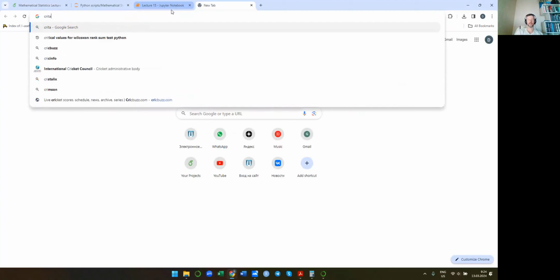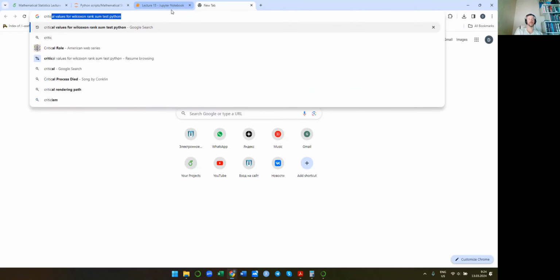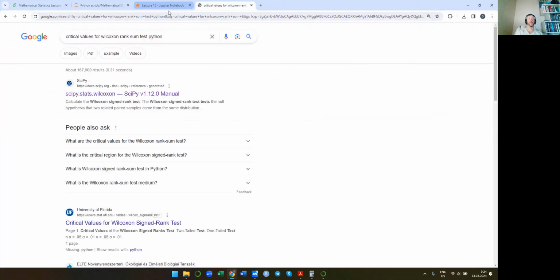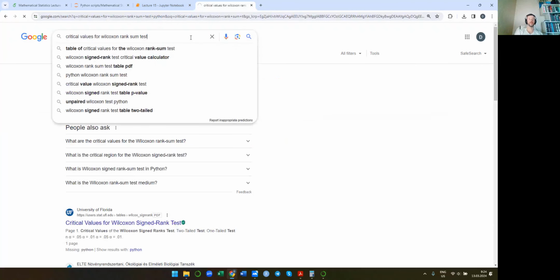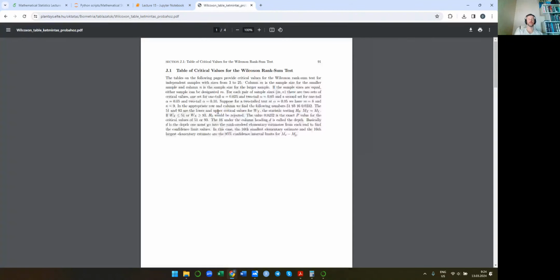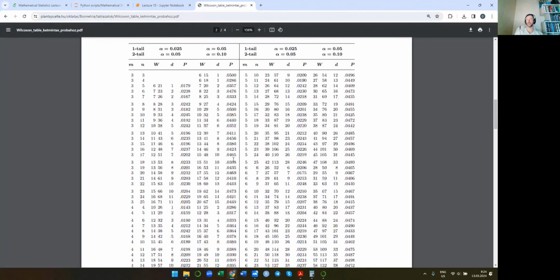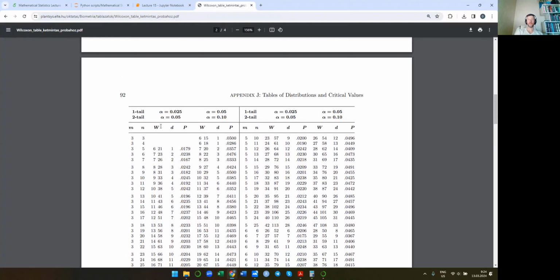So we can ask for the critical values. Yeah, so here I was asking for the Wilcoxon rank sum test, not in Python, just as usual. And yeah, so we can get it from somewhere. Here we have the table of the critical values for a two-tailed test, when alpha is 5%.